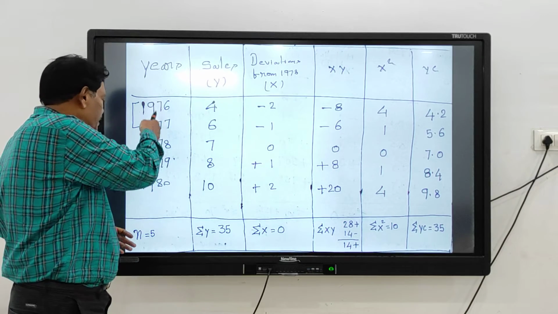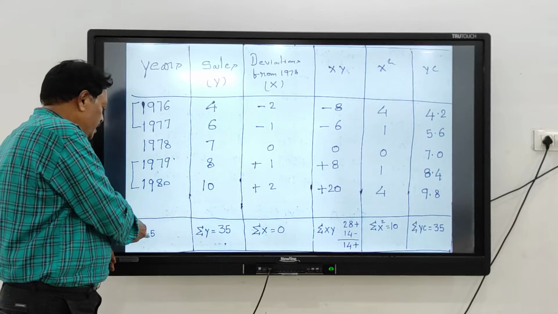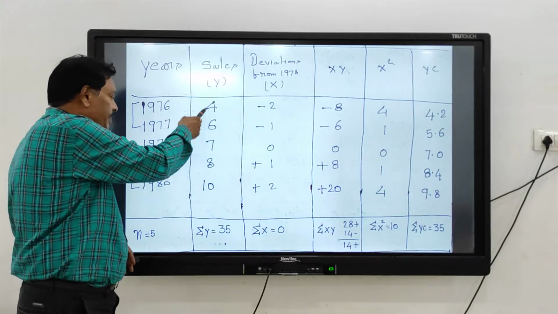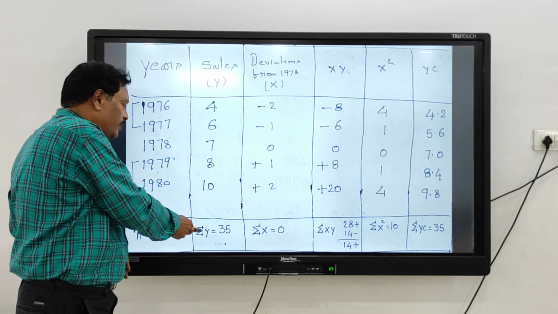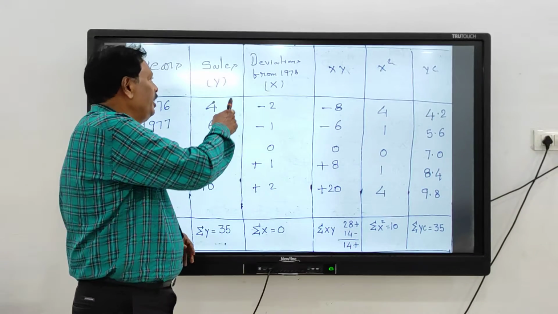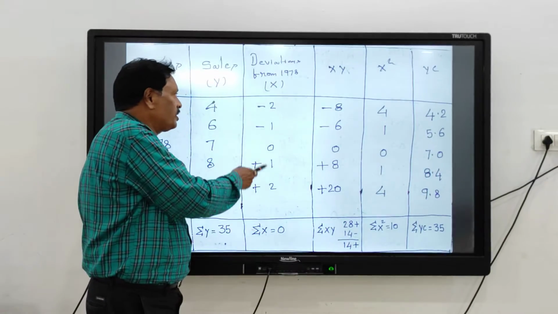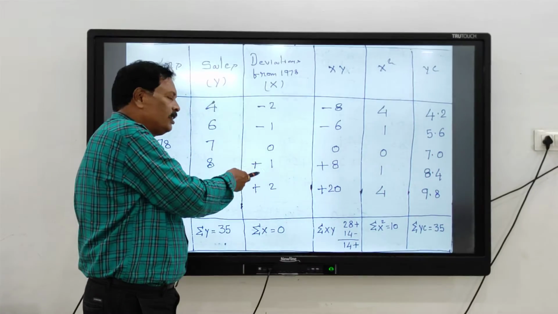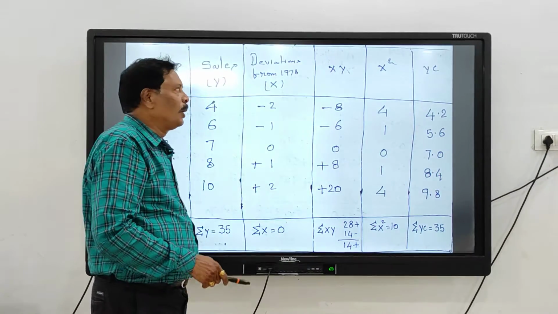When you total these years, here 5 years are given, so the number of years n is 5. When you total the sales, the y values, you will get sigma y 35. When you total the deviations x, you will get 0, because 2 plus 1, 3 minus values, and 2 plus 1, 3 plus values, so the ultimate result is 0.